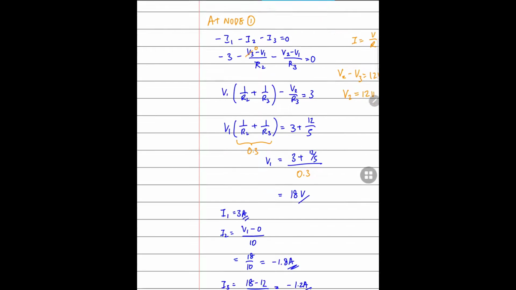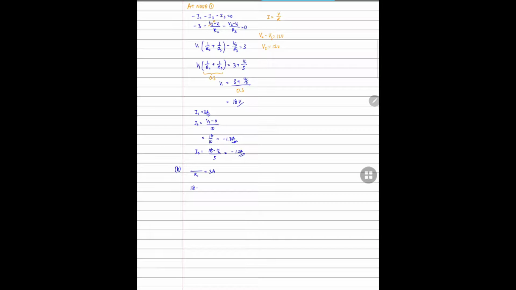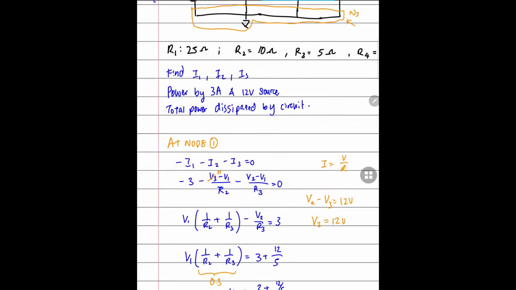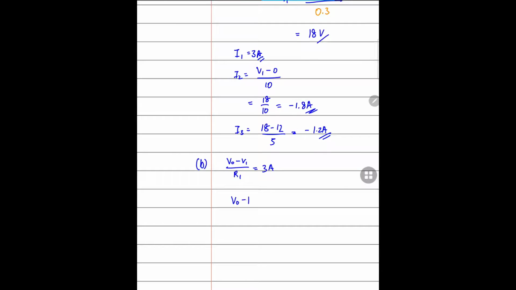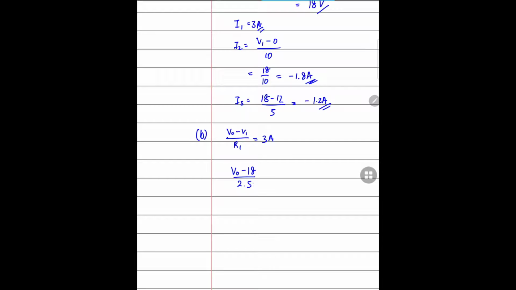In order to do that, we need to find the voltage at V0, which is to the left of R1. So V0 minus 18, over 25, is equal to 3 amps.